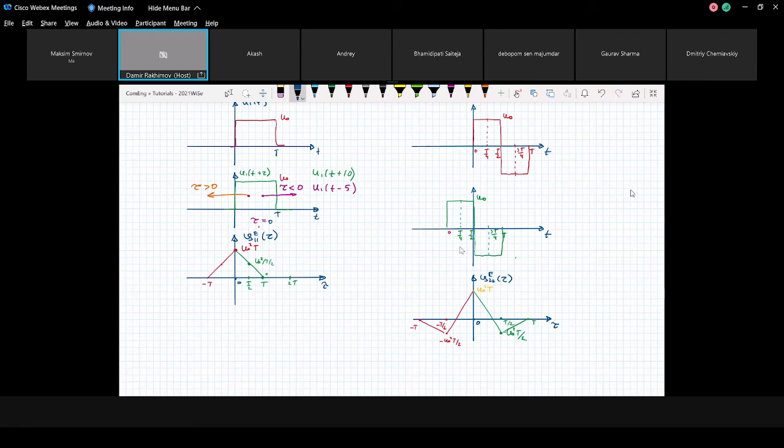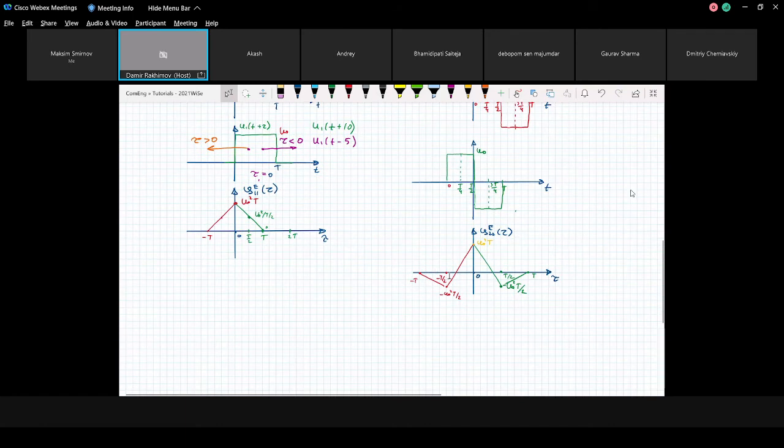In order to avoid such a situation, we normalize by the period of our periodic signal. Okay, and now we have two correlation functions. Any questions about how we find it?